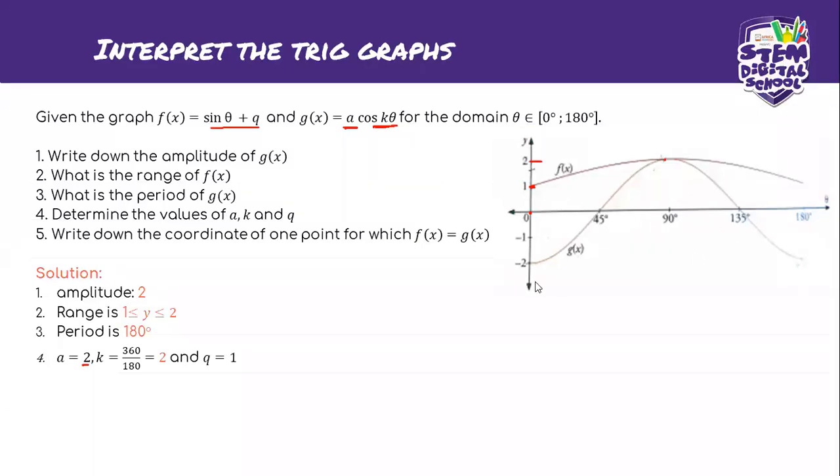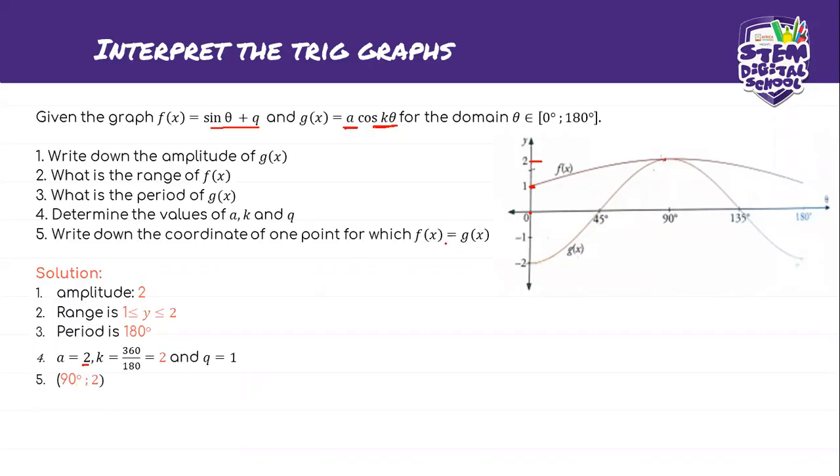All right. Now we just determined the value of q. Now the last question: write down the coordinate of 1 point for which f of x is equal to g of x. The answer for this is 90 degrees over 2, right?